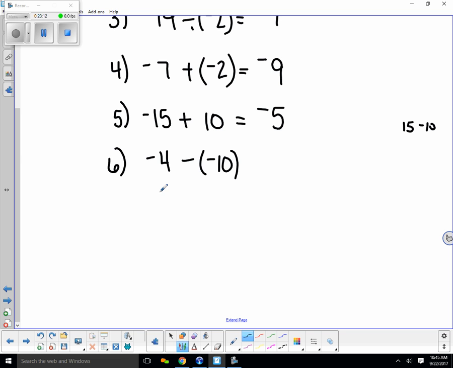Who would like to tell me what the rewrite for the addition statement is, Chloe? Okay, and now what am I going to do? Add, so I get 14. So is it 14? Who wants to help her out right there? Molly? Nope. Who wants to help her out?